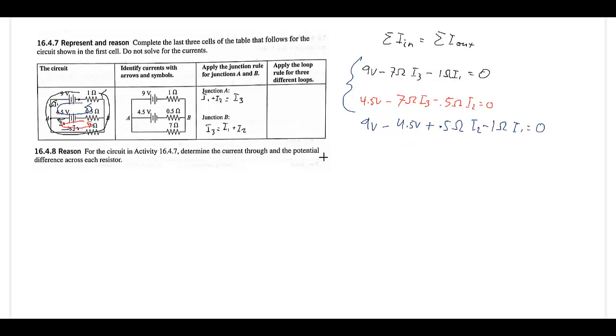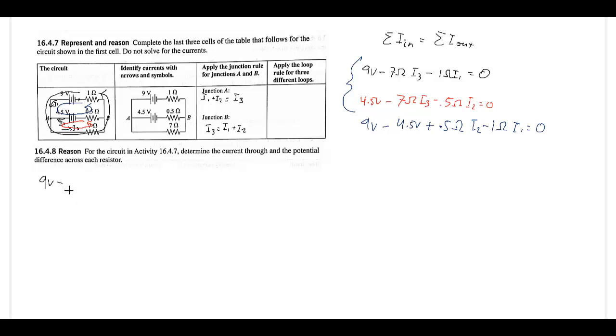Because what I can do then is take each of these equations, define I3 in terms of I1 and I2, and then solve for I1 or I2 in each part. Like this. So first I'm going to take the junction rule and plug this in for I3. So I've got I3 in terms of I1 and I2 for both of them.